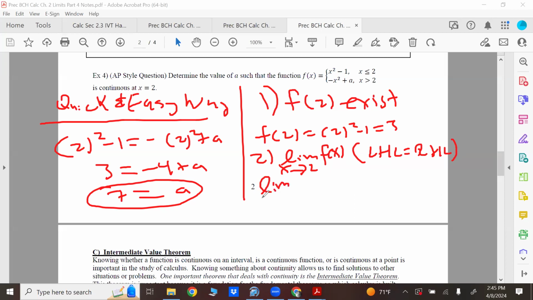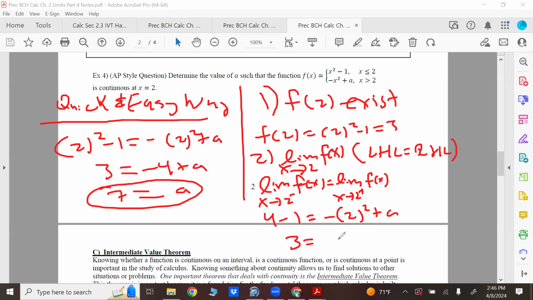So what's the left-hand limit going to be, guys? Perfect. The right-hand limit's going to be... And so in order to force the issue, what do they have to equal? 7, right?